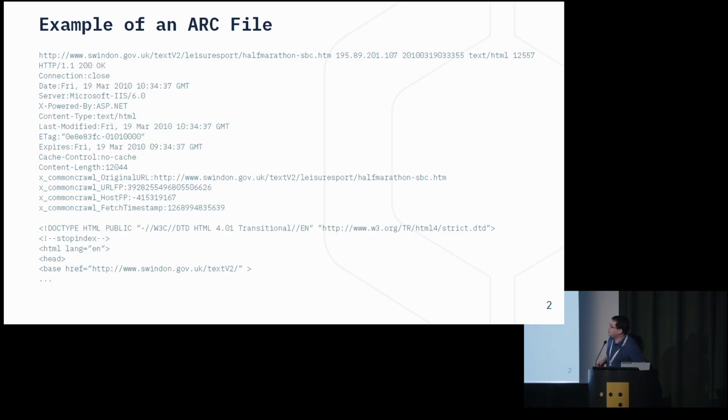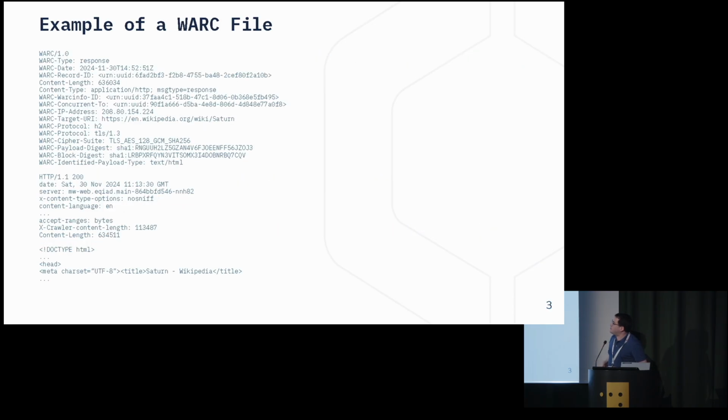The important thing to care about is the header on top. It's just one line that has the URL in this case, the IP address, and some additional information. And here is, hopefully, an example of a WARC file from Common Crawl that has way more information in the header, as you can see.